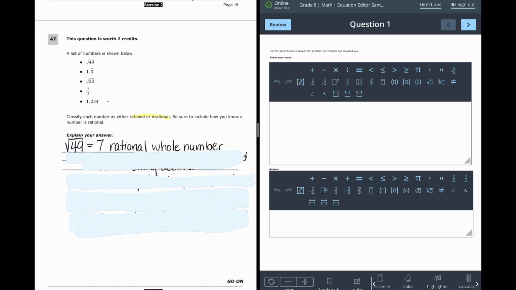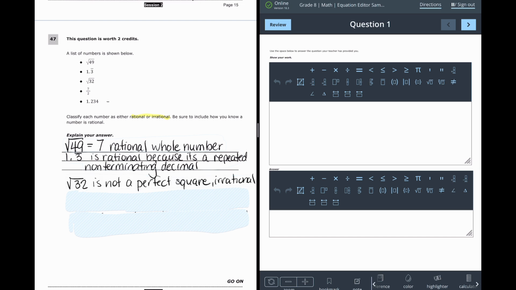So for the first one, square root of 49 is equal to 7. That's rational. It's a whole number. 1.3 repeated. It's a rational number. It's a repeating, non-terminating decimal. Square root of 32. It's not a perfect square, so it's not a rational number. It's not going to give you a whole number. It's not going to give you a repeating decimal.